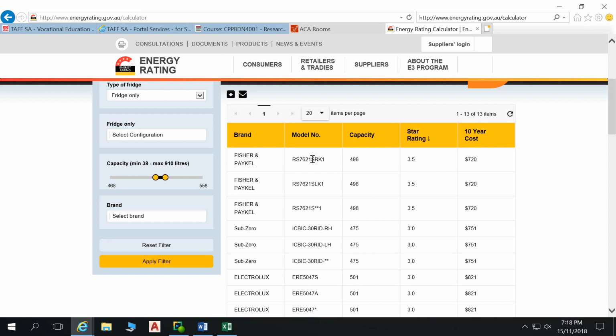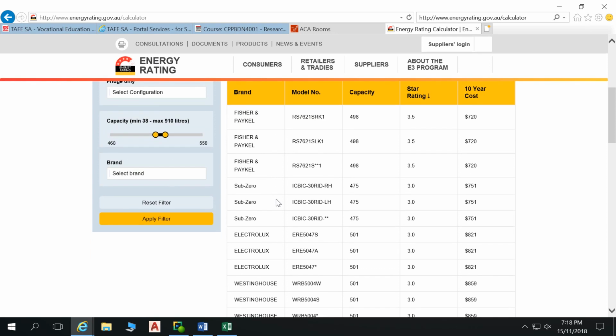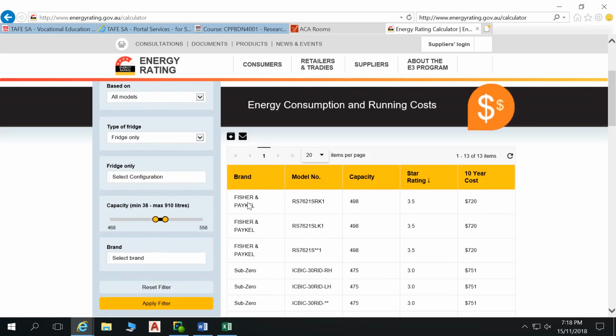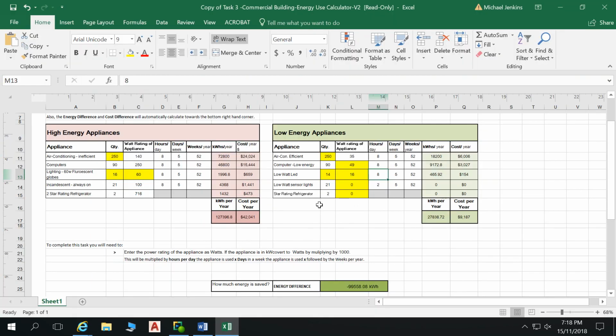Is that going to enable us to select it? Doesn't let you select it. So within our Excel spreadsheet, we're going to have to find the wattage of that.